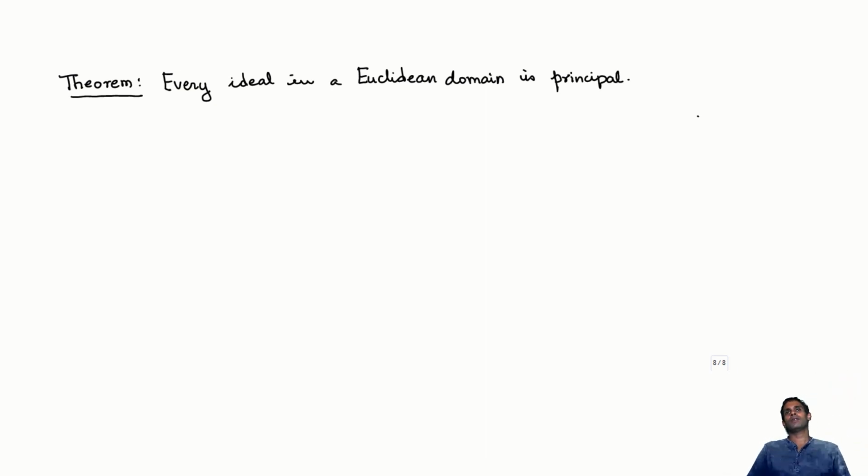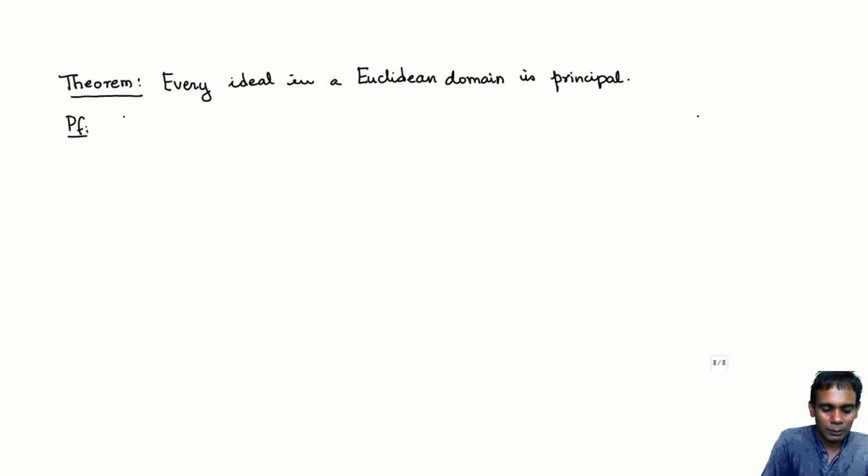So we saw examples of how to express ideals generated by two elements as principal ideals when we repeatedly used Euclidean division earlier. But this is a very general statement, and the proof is actually quite simple.